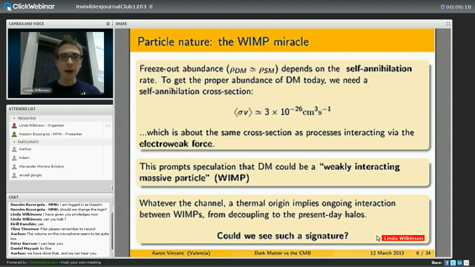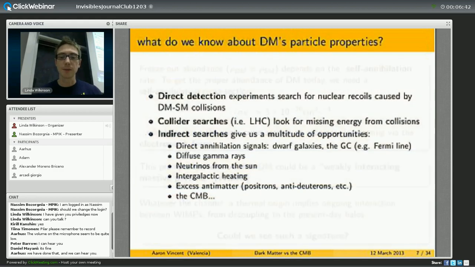So whatever the channel, a thermal origin like this implies that interactions between WIMPs, so annihilations of WIMPs into standard model particles, are still ongoing and would have been ongoing from decoupling all the way to recombination all the way to the present day. And a good question then to ask is, well, can we see such a signature?